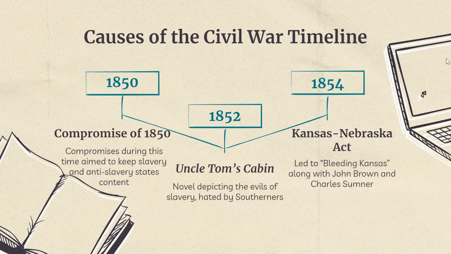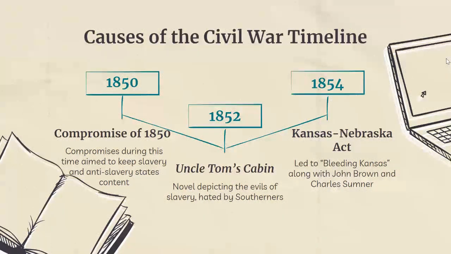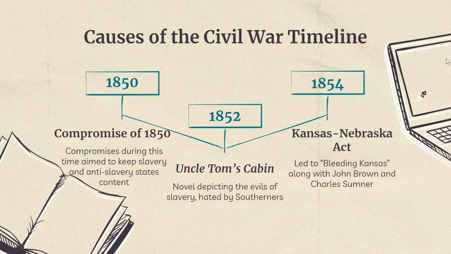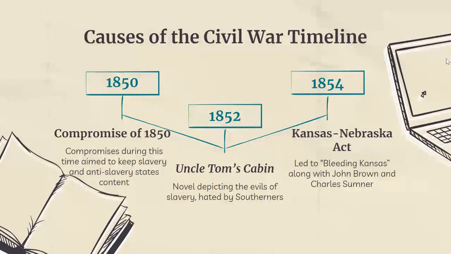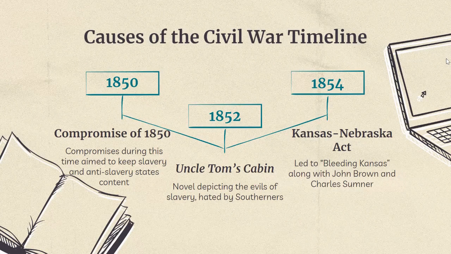So let's get started with some of the events in the 1850s, and we start with the Compromise of 1850. Contextually speaking, in the past, there was another compromise, and that compromise was called the Missouri Compromise.